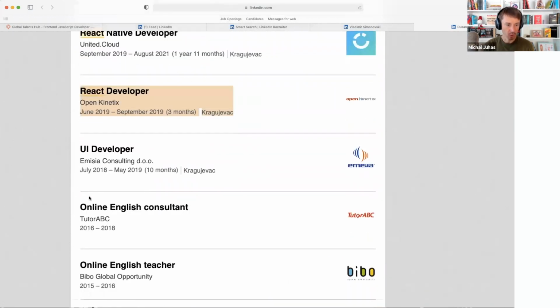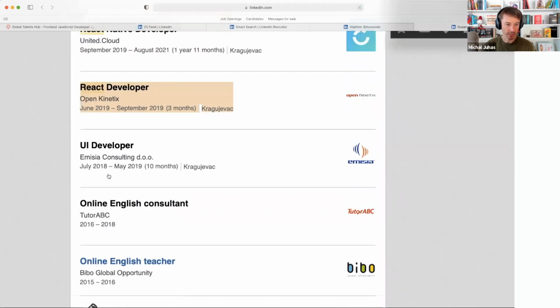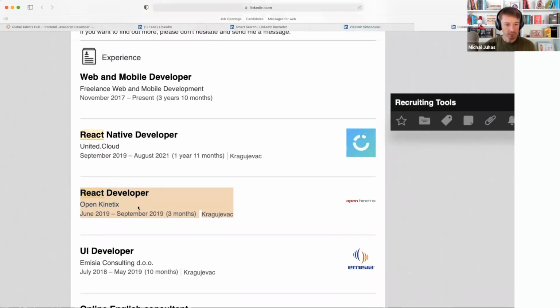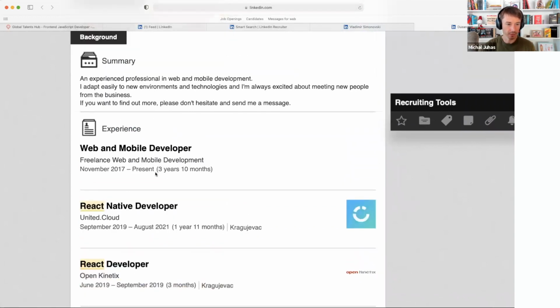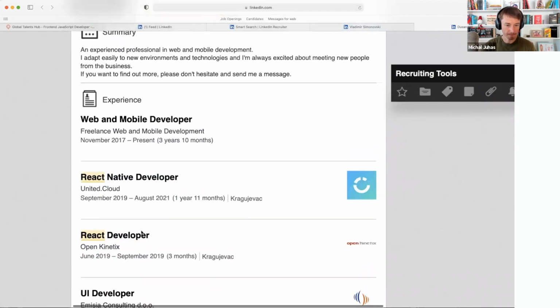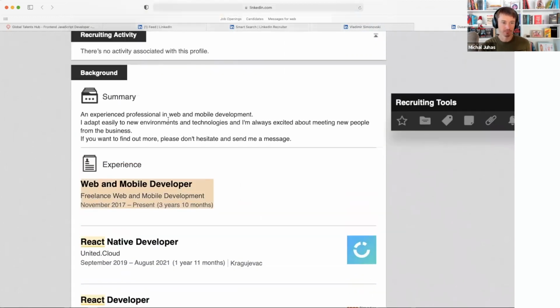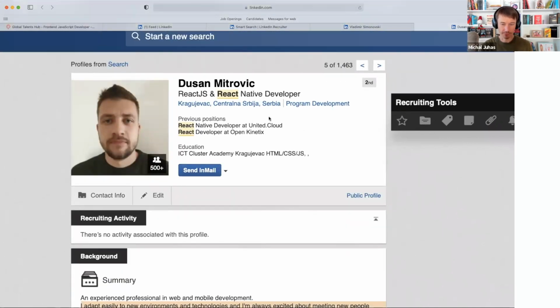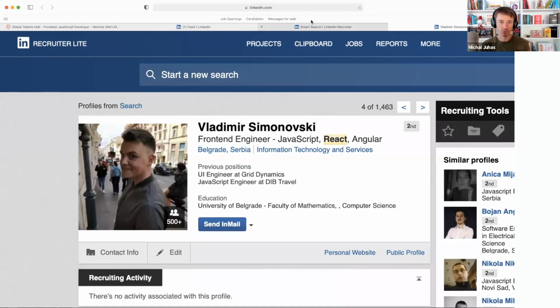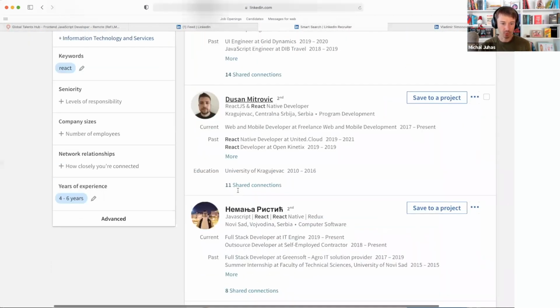React developer, UI, English consultant, English tutor. Not really. Maybe not there yet. Here 3 months, here 1 year, but it was React Native and web and mobile. Probably not exactly the fit. He could be a good fit for another position, but not for this one.